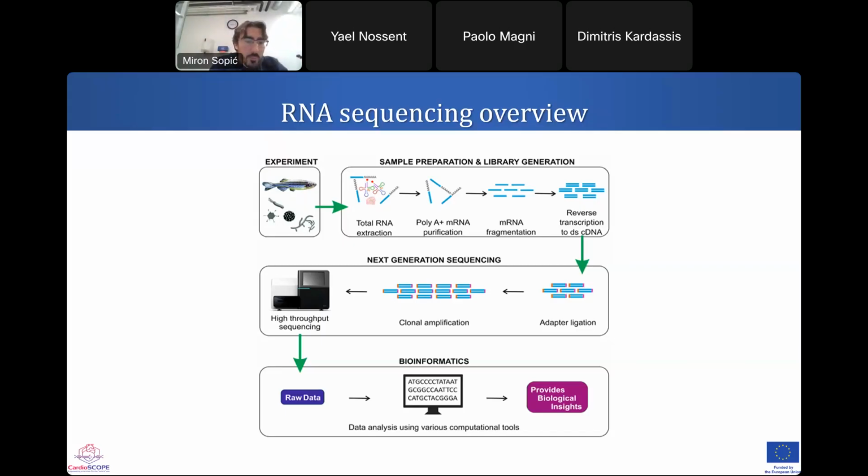Today I will not be going into bioinformatics, because I'm not very experienced in the bioinformatical analysis of the data, and hopefully at some point we will also have the opportunity to reprise our lecture that we had in the training school that we organized in Crete.